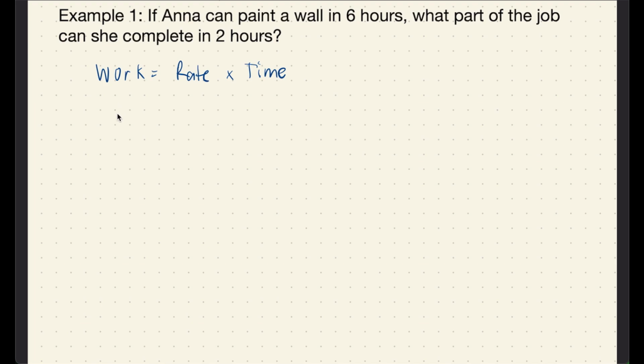So just multiply her rate by the time, 2 hours. That will give you 2 over 6, or in the simplest form of the fraction, 1/3.